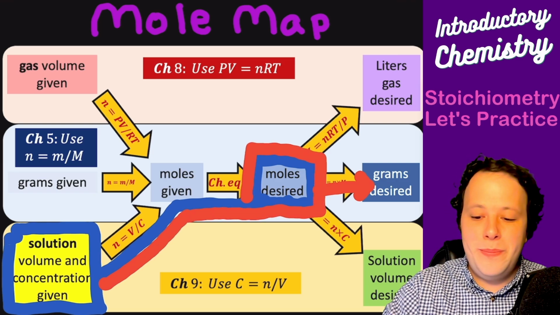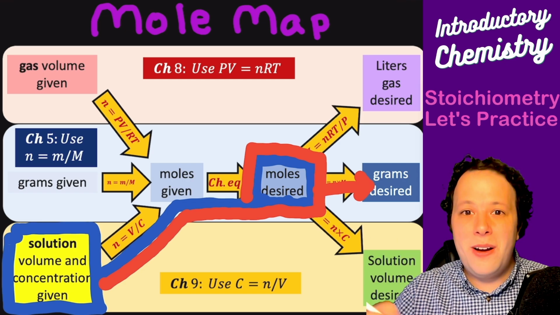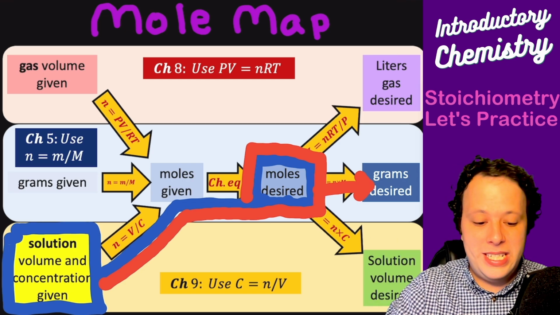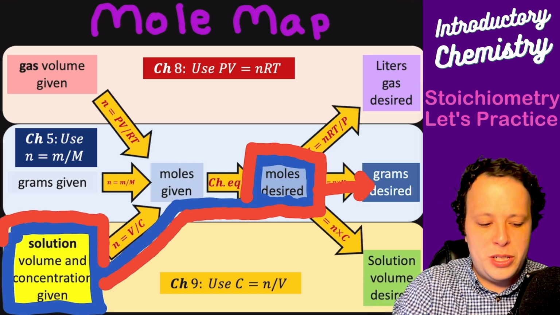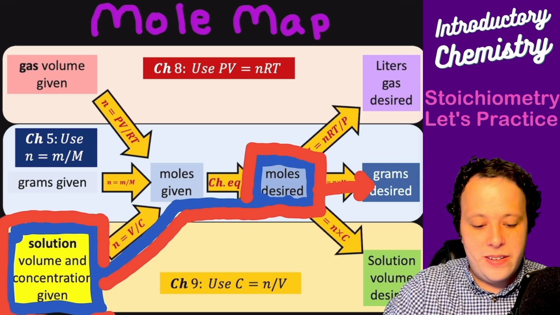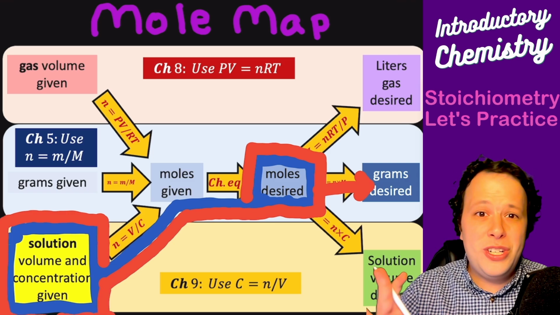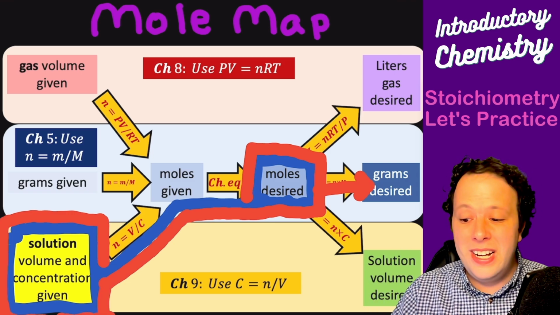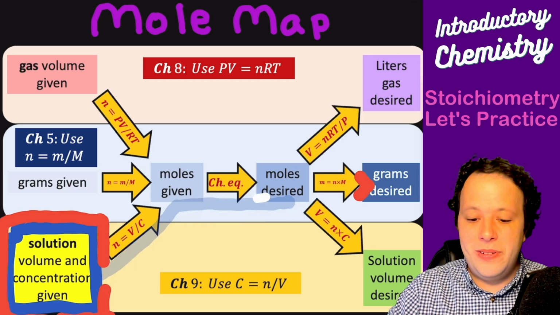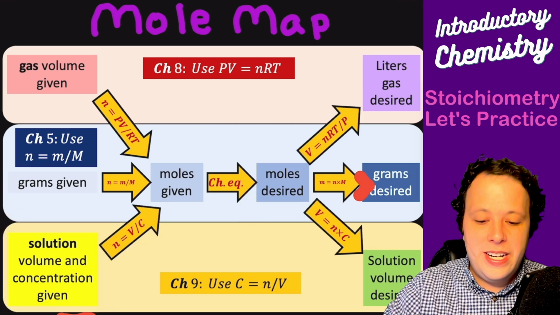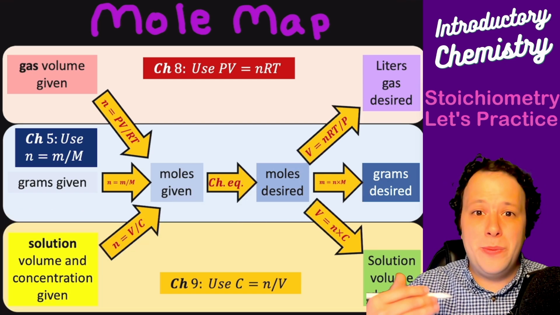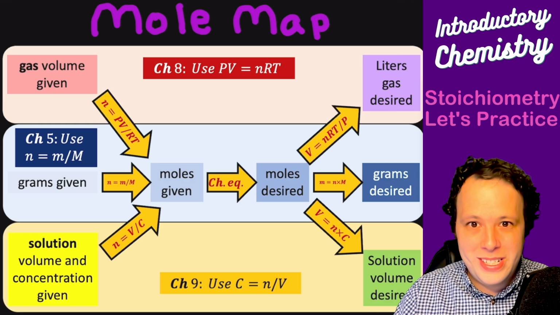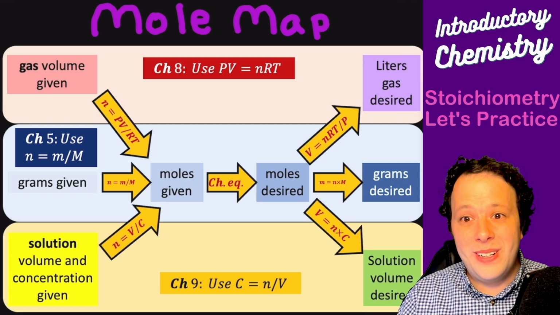And being that red made a little less, that one continued to the final step. It's all about the perspective. You do them both together, and then you see which one goes to the finish line in this example. So we use the molarity to convert volume, and then we use the chemical equation to get to the moles, and then we use molar mass to get to the final step.